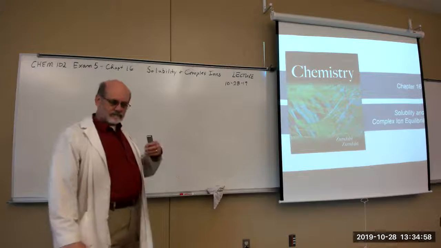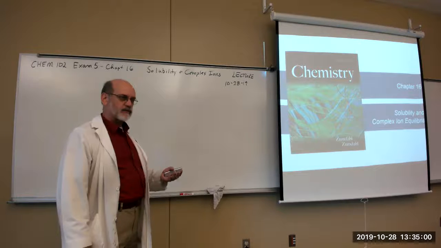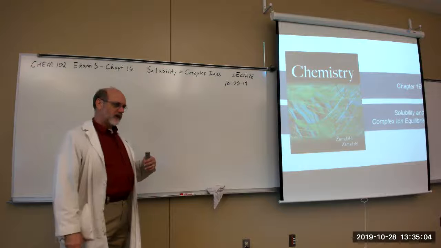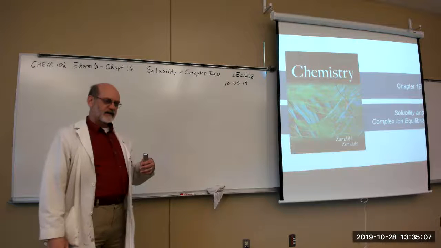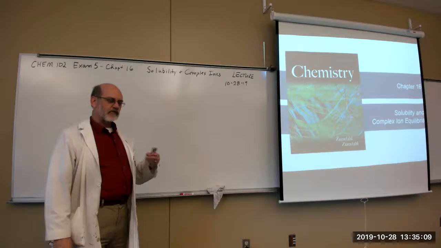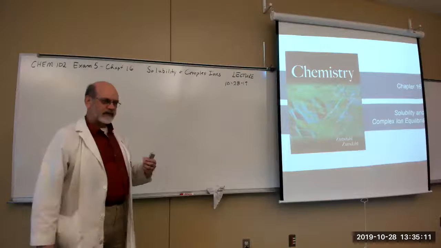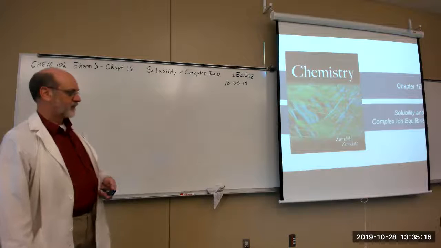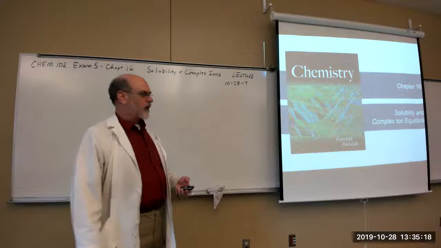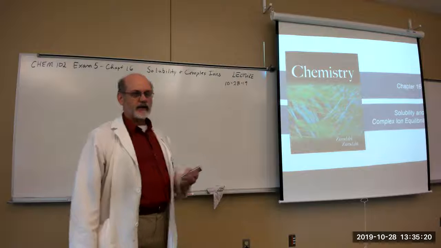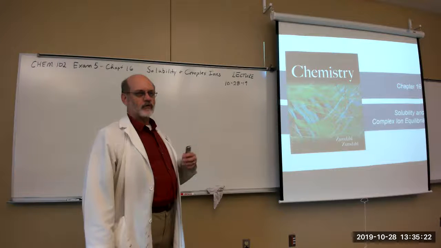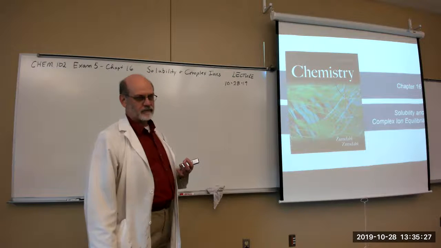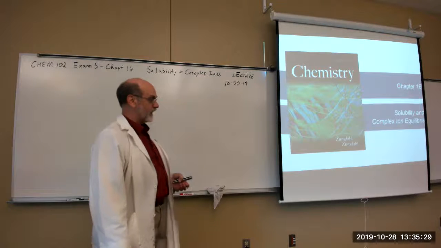And when we previously said that something is soluble or it's not soluble, we actually mean that it's sparingly soluble when we say insoluble, which means that there are relatively few compounds when you put them in aqueous solution that don't release at least a few ions into that solution. And now we're going to quantify that.